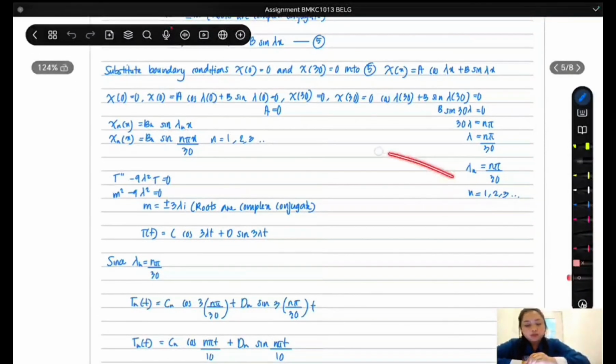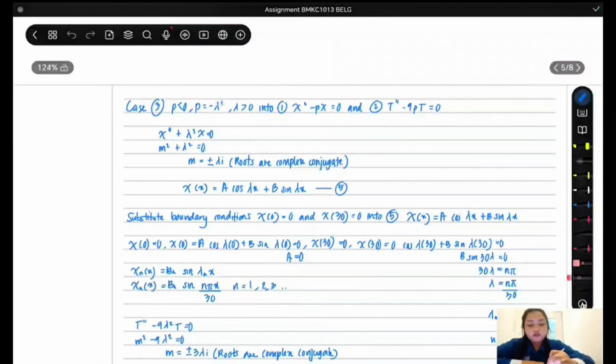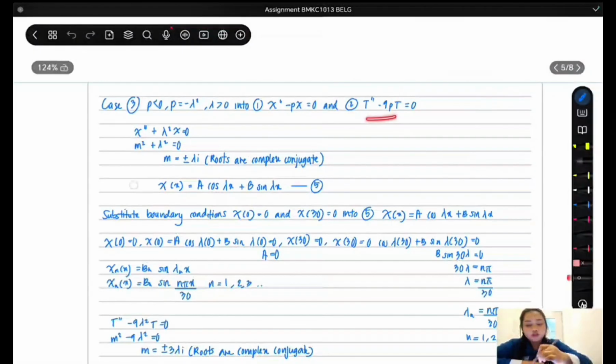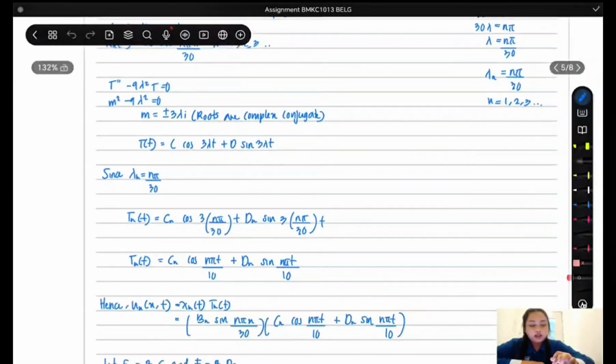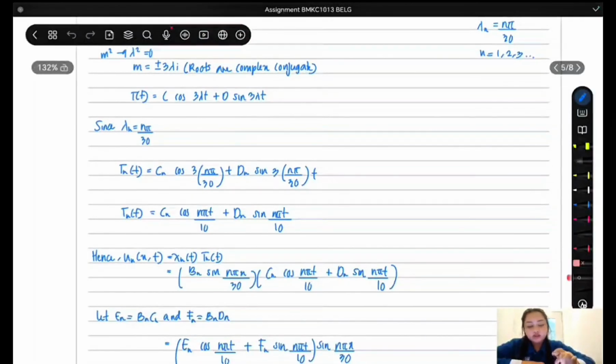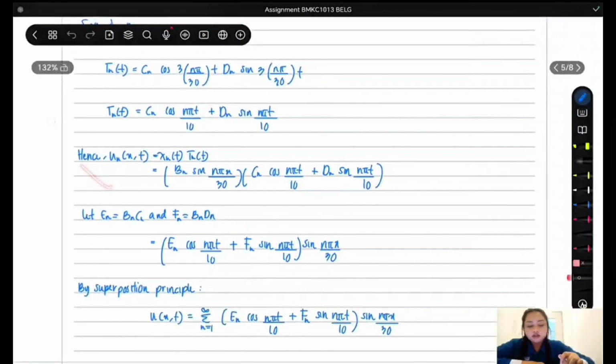So we're going to substitute it into this, and we will get this. And right now we're going to substitute negative lambda squared into the time equation, and we will obtain this. So since lambda n equals to n pi over 30, we're going to substitute it into the previous equation, and then we will get this.